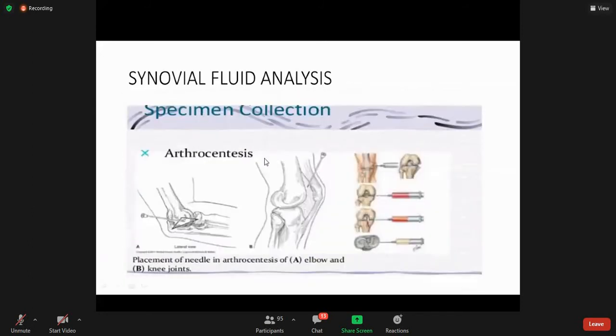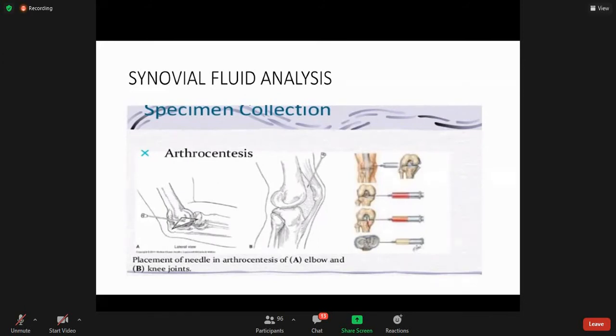biochemical composition. This is not a very good diagram, but you should know that if you are asked how do you collect the specimen, how do you collect the sample? The procedure is called arthrocentesis. Arthro means joint and centesis is the procedure to draw. Just as we say in the abdomen we do paracentesis to draw the peritoneal fluid, similarly this is arthrocentesis.